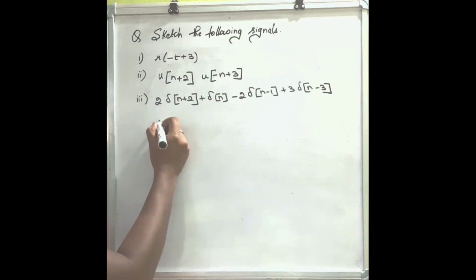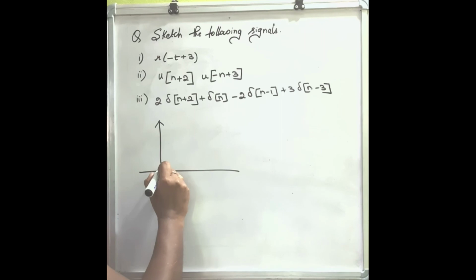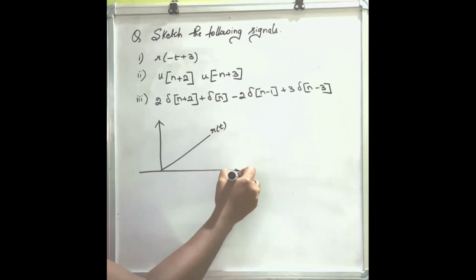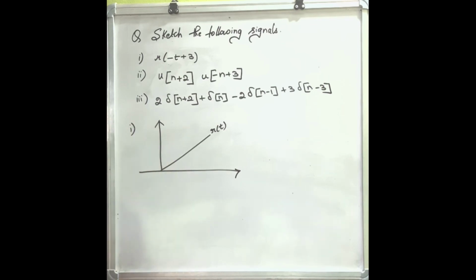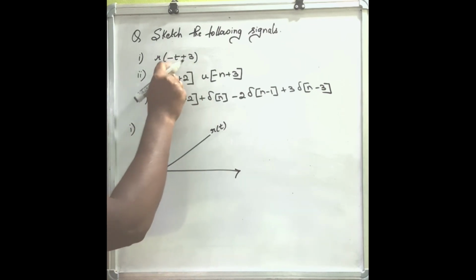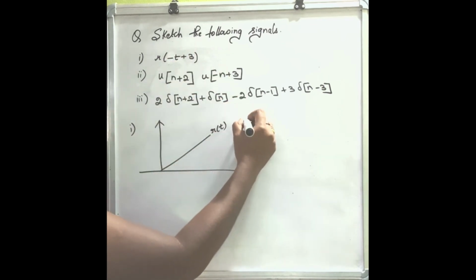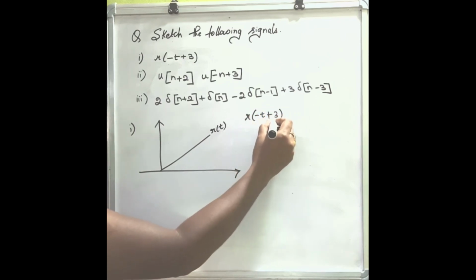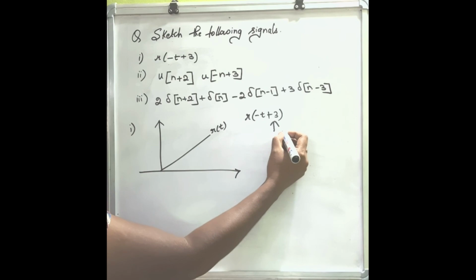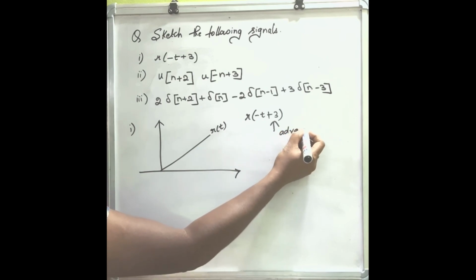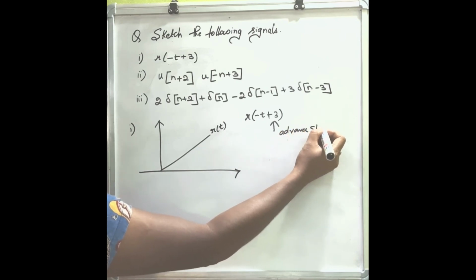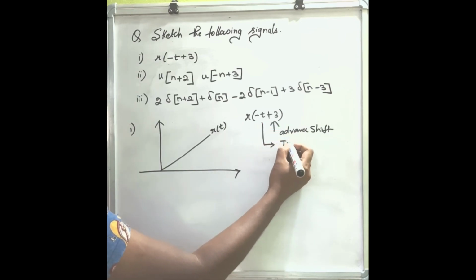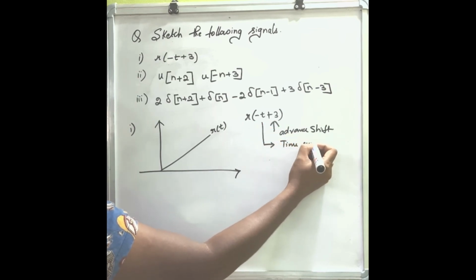So this is your ramp signal, R of t. Here two things are given. When you say R of minus t plus 3, this represents an advance shift, and minus t represents time reversal.